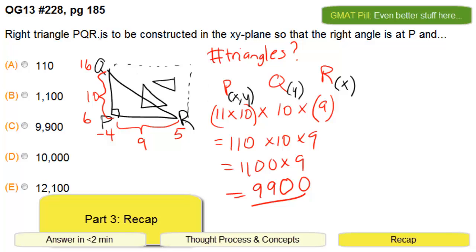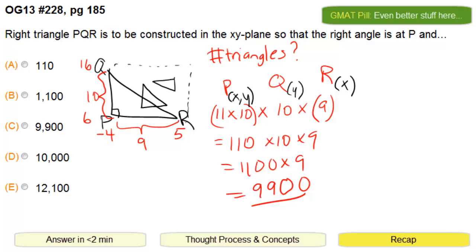So as a recap, this is a coordinate geometry question. You have a right triangle. You have to draw it correctly with the right angle at P, and then PR you have to know is horizontal. So that leaves Q to be up on top or wherever else you put it. And then you're given these coordinates, so you have to fit these triangles within this box, and to figure out how many different triangles, you have to figure out how many different ways you can arrange these 3 points of the triangle within this grid.